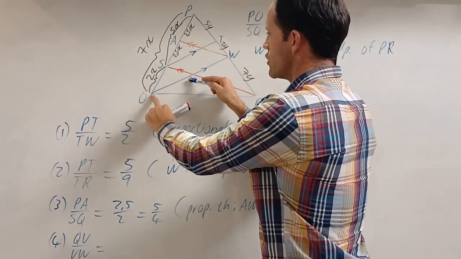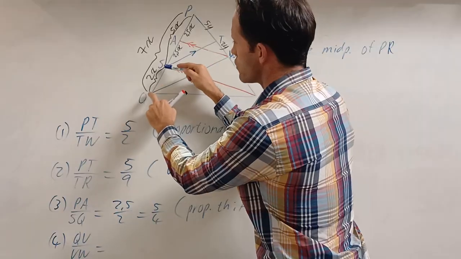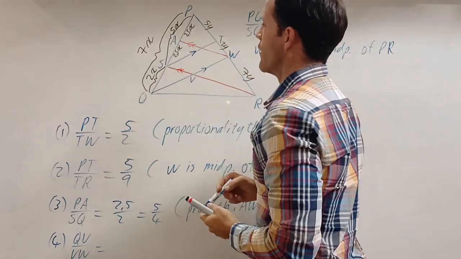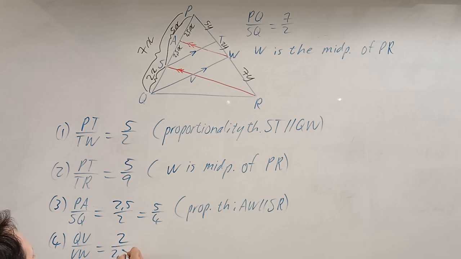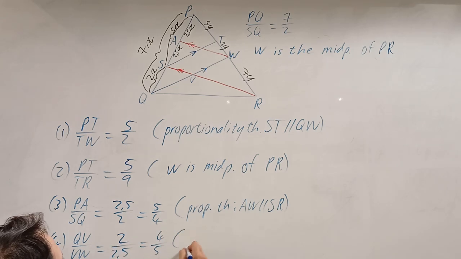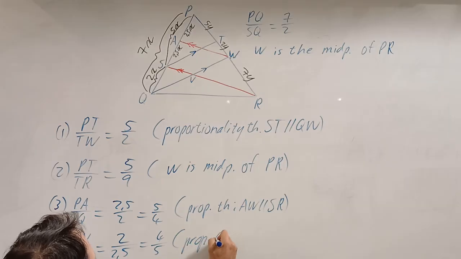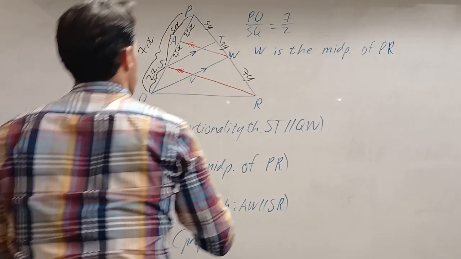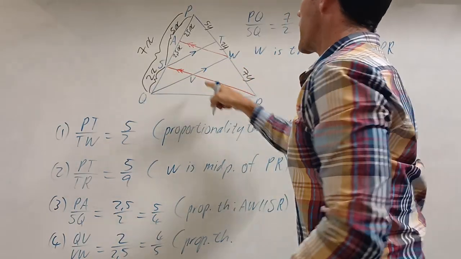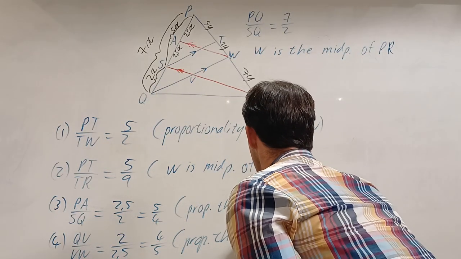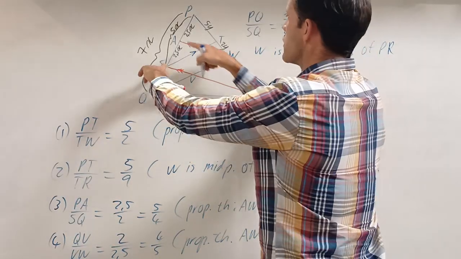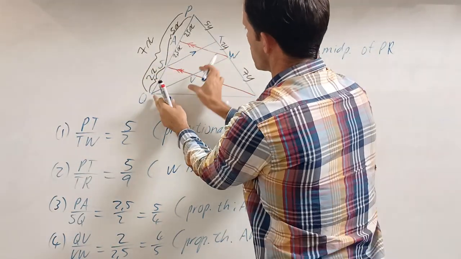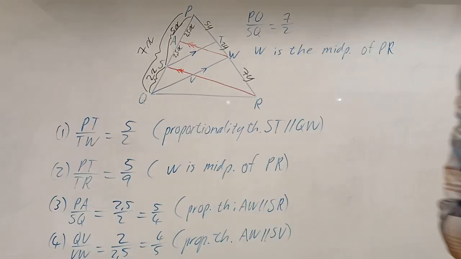Then we can say QV over VW is equal to 2 over 2,5, and that gives us 4 over 5. And the reason again is the proportionality theorem. In this case, we used AW parallel to SV. Those two lines are parallel, so this part over this part must be equal to that part over that part.